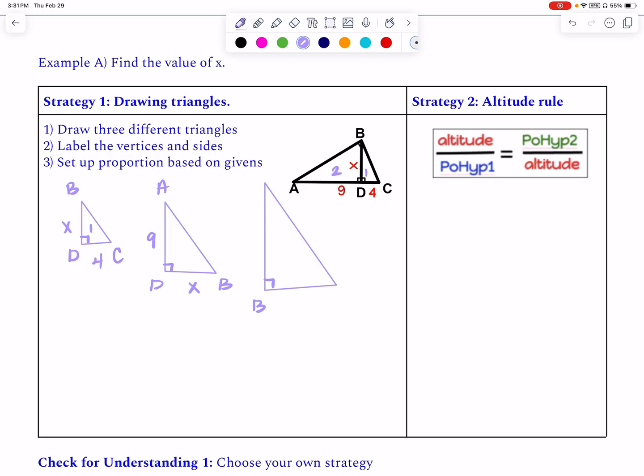B, C, A. BC we don't know. And AC is 9 plus 4, which is 13.